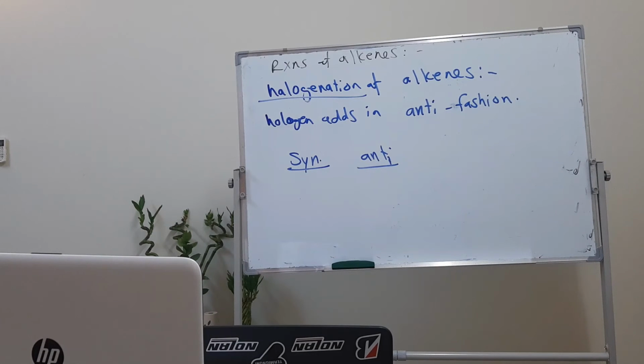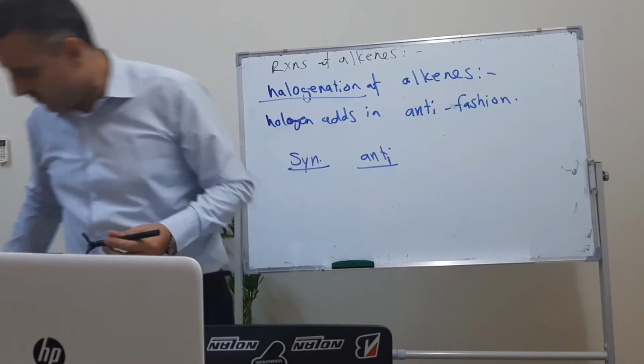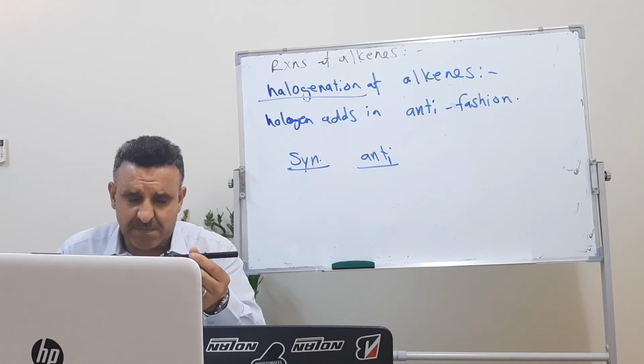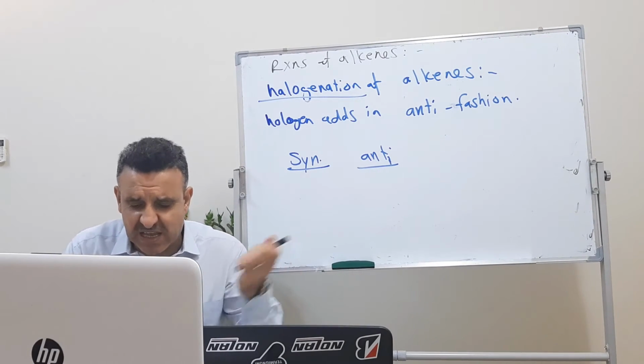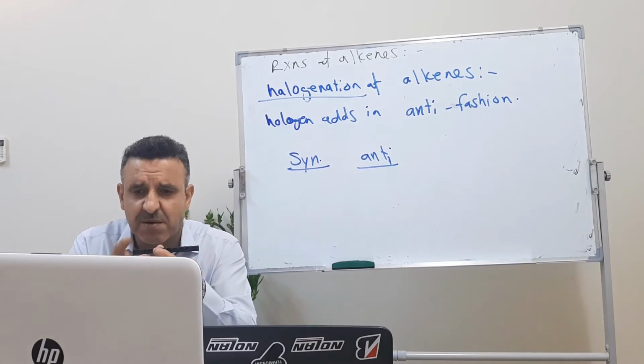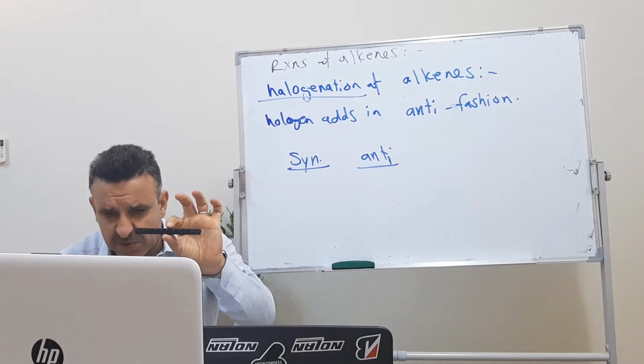Just a second, please. Now imagine, just to show you easier what I mean by anti and syn, that what I'm holding is carbon double bond carbon. So we have a carbon double bond carbon system.